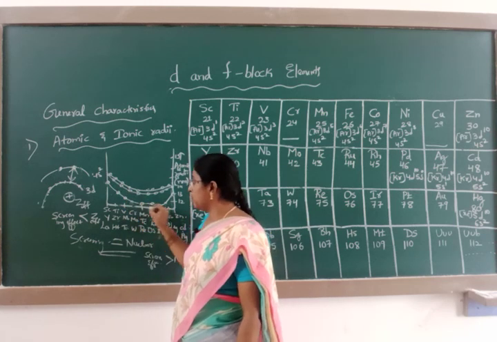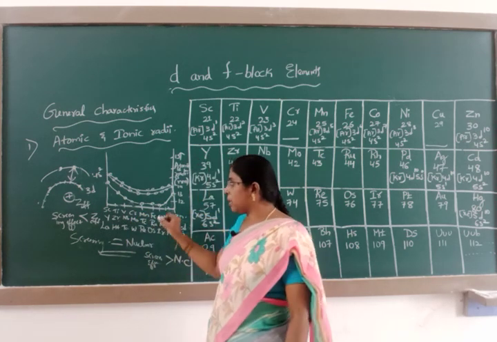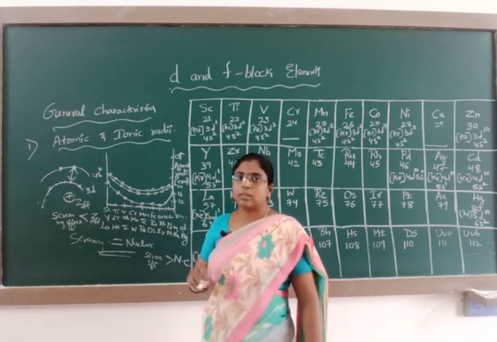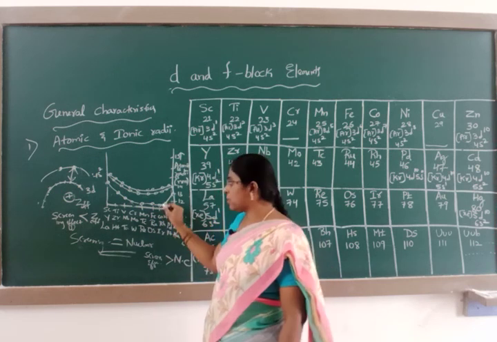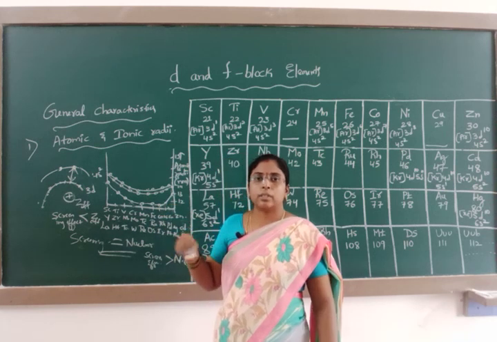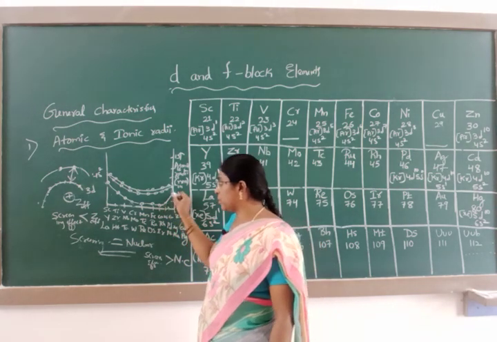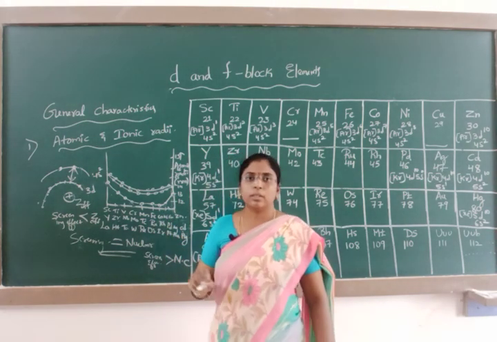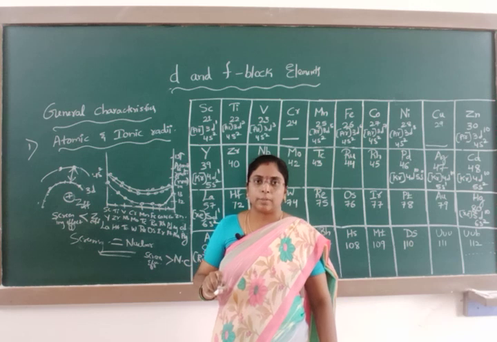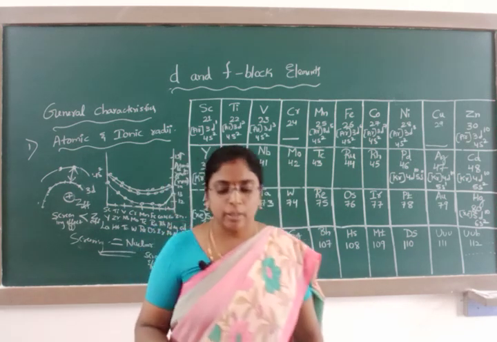Later on, the effective nuclear charge as well as the screening effect get balanced, and it remains a constant atomic radius. Later on, due to electronic repulsion, the screening effect increases beyond the nuclear charge, and there is an increase in the atomic radius. This is about the atomic as well as the ionic radius.